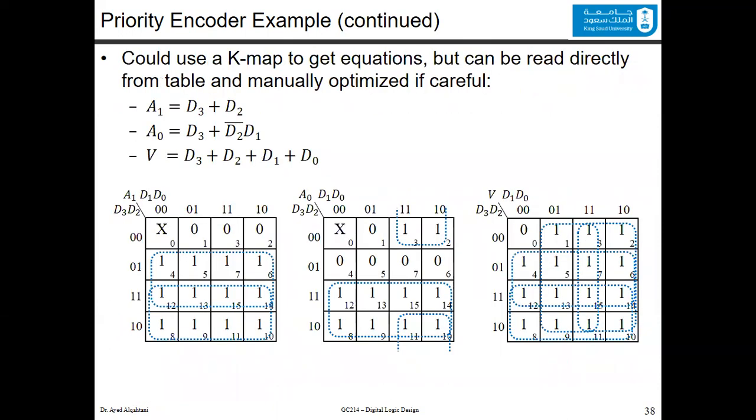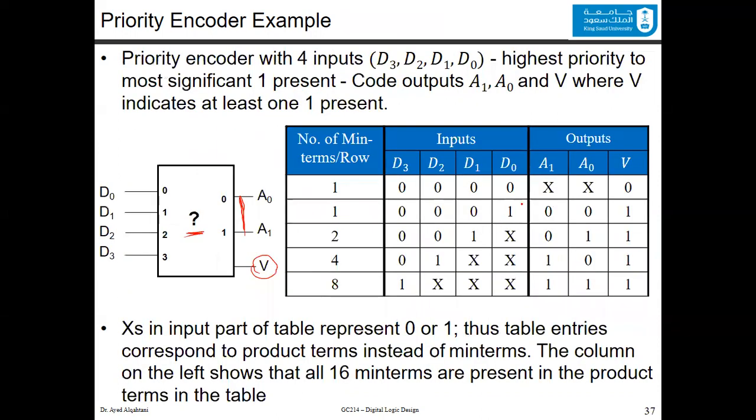Now, you could use the K-map to get the equation, but this could be read directly also from the table. If you want to use the K-map, for example, for A1, let's say, you can say that A1 here has don't care in the first position, which is 0, 0, 0, 0.